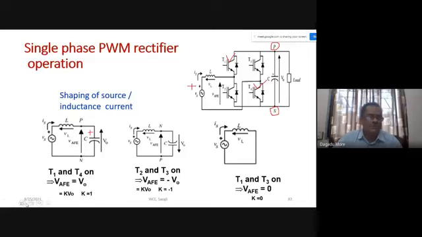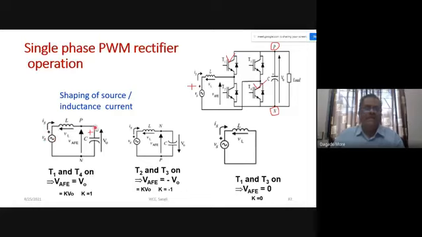I'll show with a laser. Then through N, and through T4, it is connected to the negative of the source. So this is our equivalent circuit when T1 and T4 are on.